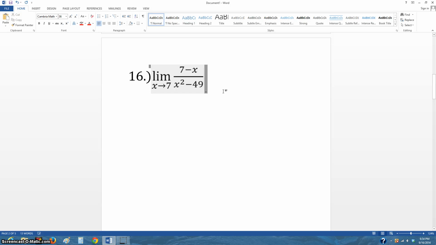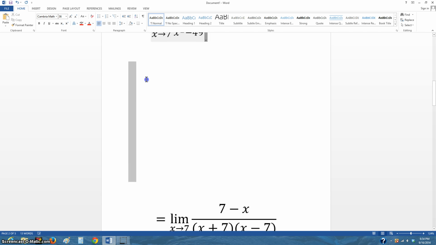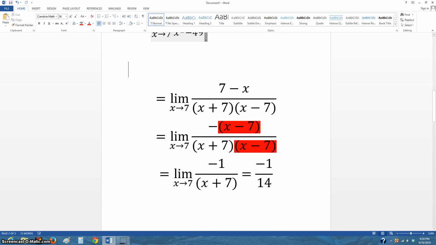As x approaches 7, if you attempt to substitute 7 into the denominator, then you get division by 0, so that means that you have to do some fancy factoring. In this case, if you realize your denominator is a perfect square, so you know that they're going to be the same, except one will have a positive and one will have a minus. So if you do factor correctly, you should get the following.